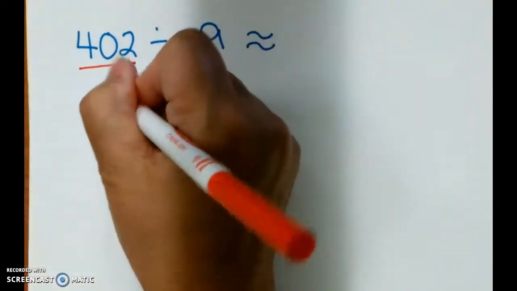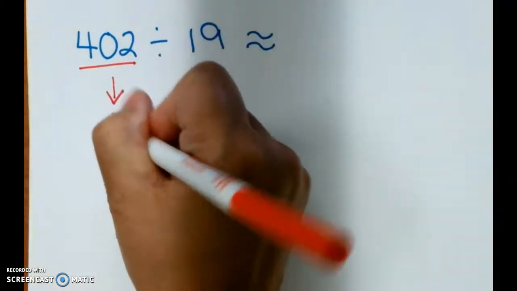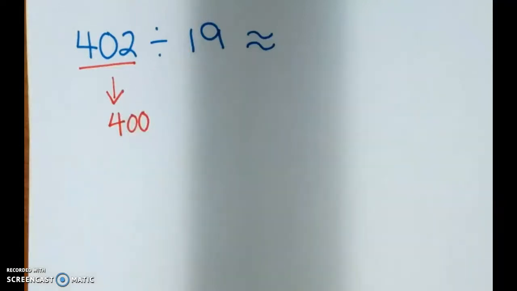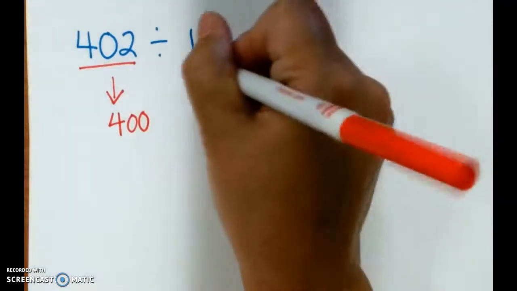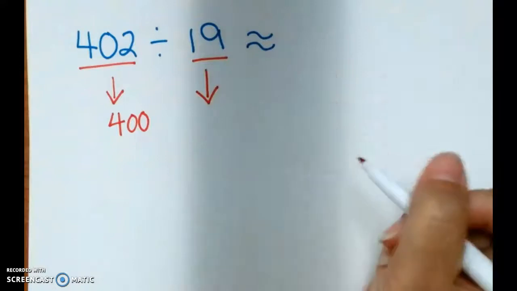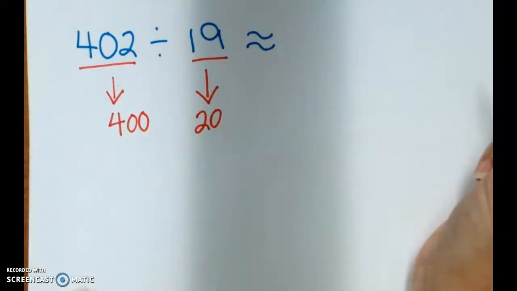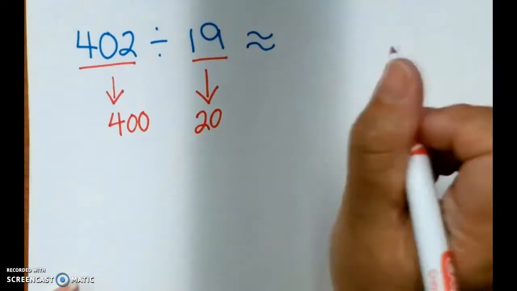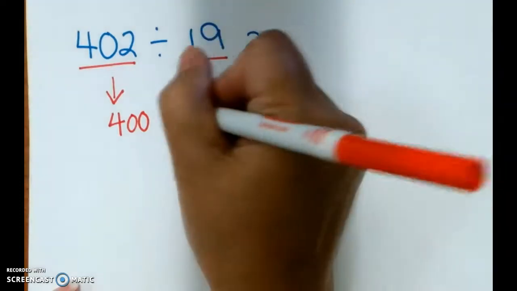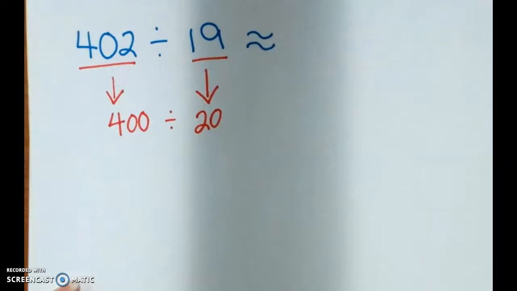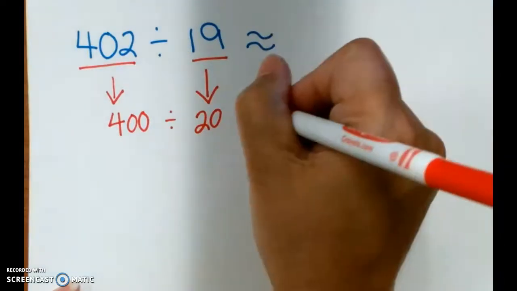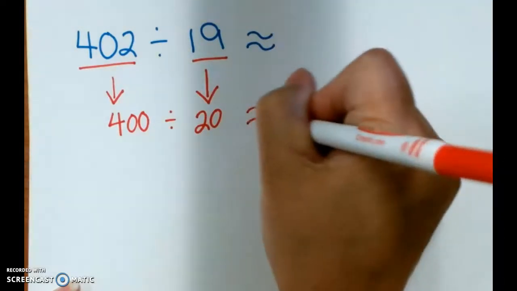So we're going to round 402 to 400. And then we're going to round 19 to 20, because 19 is a lot closer to 20 than it is to 10. So now if I divide 400 divided by 20, what do I get?